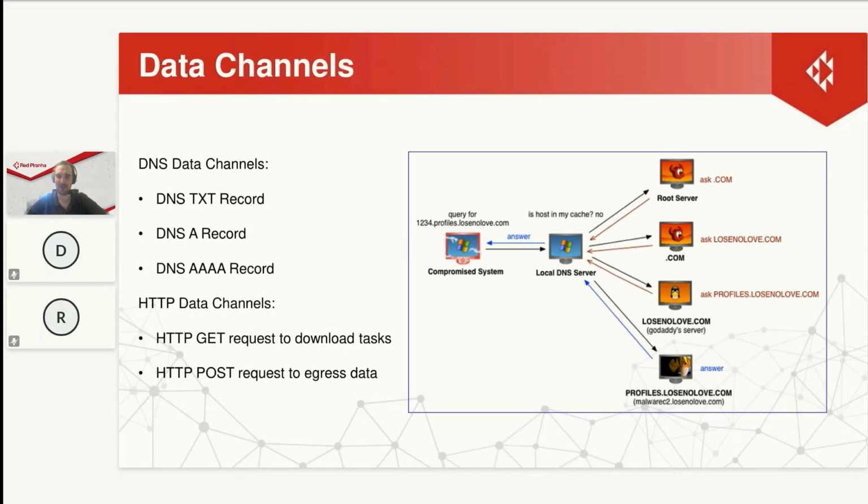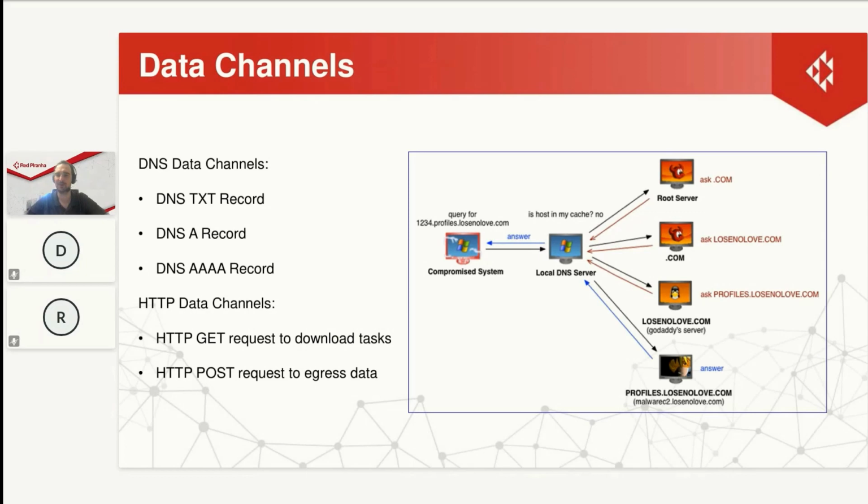The image on the right here is showing a little bit of a setup for how DNS works with Cobalt Strike. You've got a compromised system on the left here, and it's trying to talk back to a team server with the domain 1234.profiles.losenolove.com.